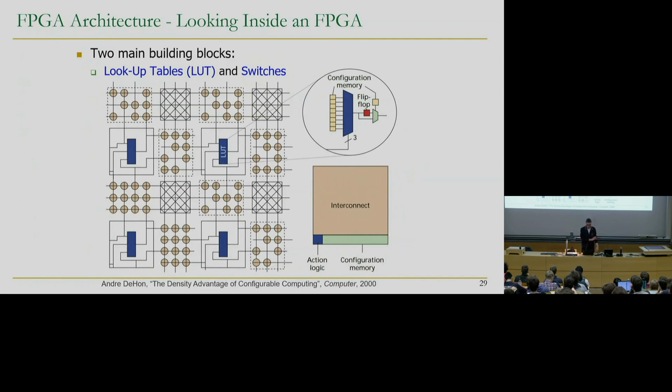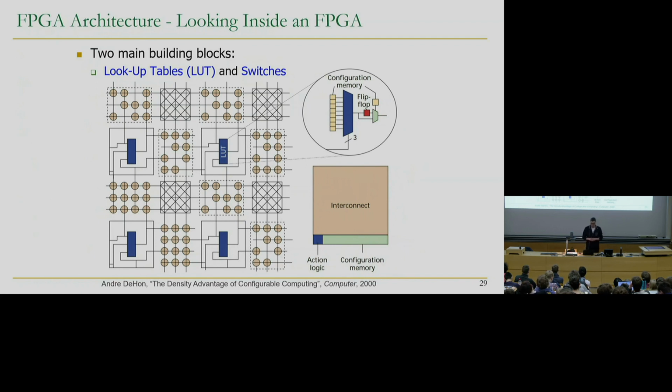So this is how a very small FPGA would look like. Here, each of those blue boxes is an LUT, a lookup table, and then we have a bunch of other wires around them, and these circles represent the switches that are configurable, that you can use to connect the inputs and outputs of multiple LUTs in different ways.